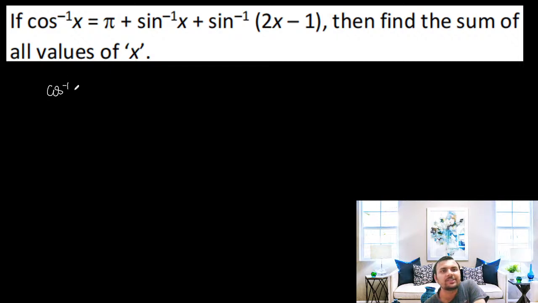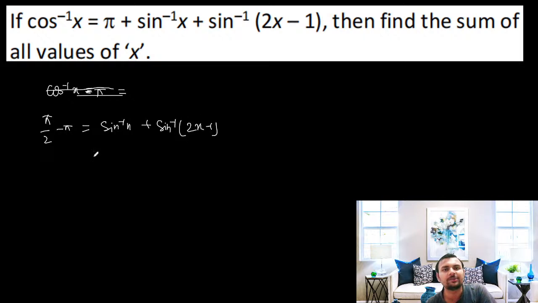We have cos inverse x, pi, sine inverse. Pi plus sine inverse. We'll do cos minus pi, or we can do sine inverse pi by 2. So we'll add sine inverse both the sides, we'll get pi by 2 minus pi, sine inverse x, sine inverse 2x minus 1.